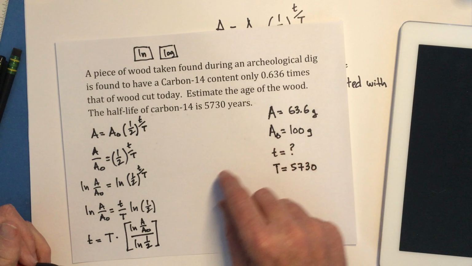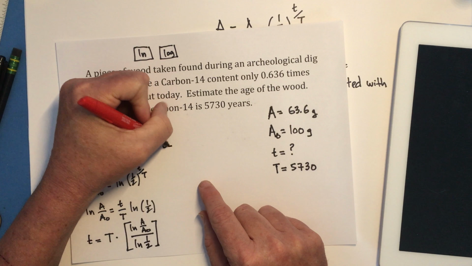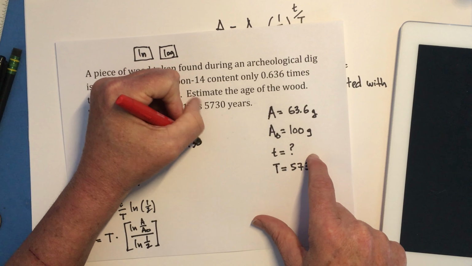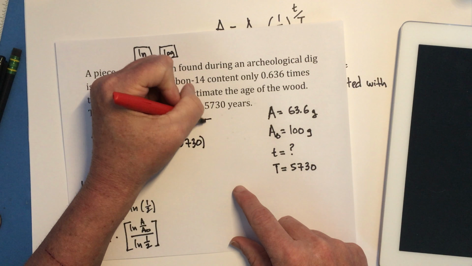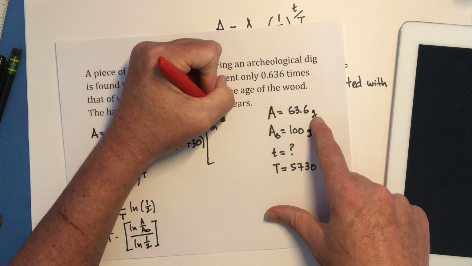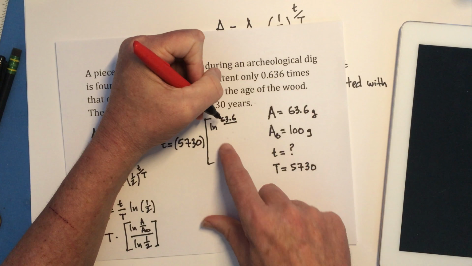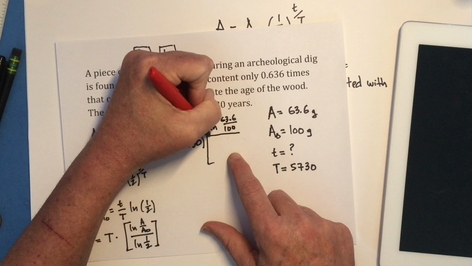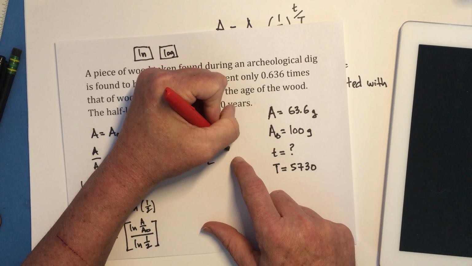Excellent. Now I can plug in what I know, so I'm ready to go. So t equals capital T, which is 5,730, times the natural log of A, which is 63.6 over 100, all over the natural log of 1/2.